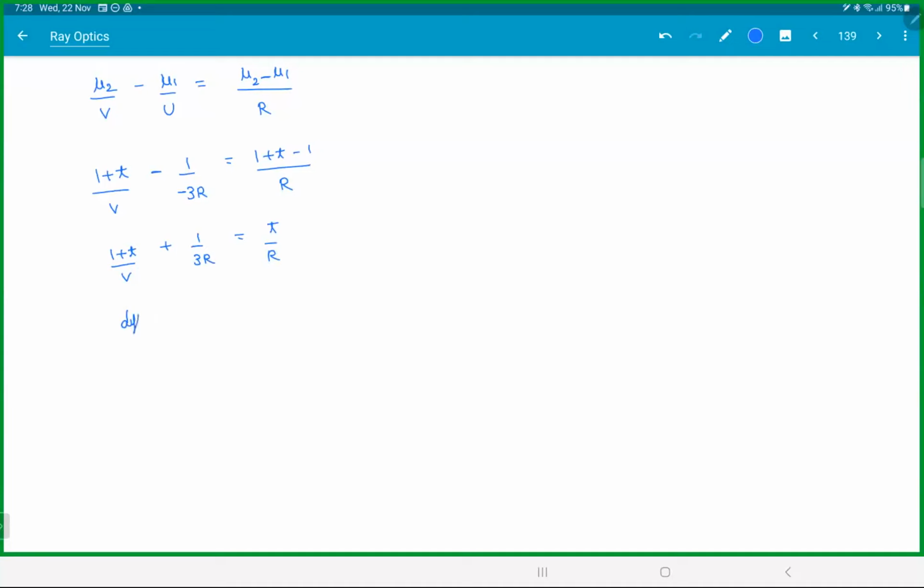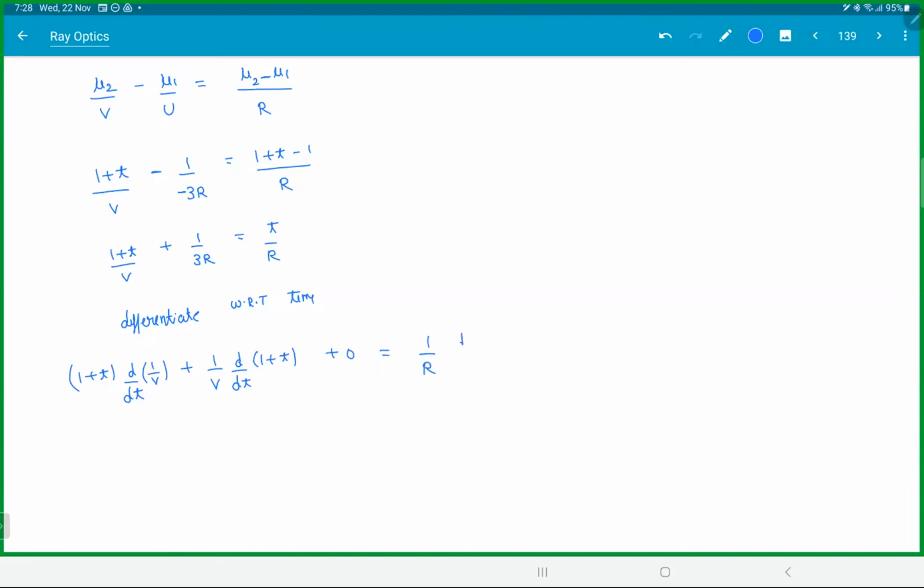Differentiate. This differentiation is a little messed up. So it is like the differential of u by v. (1 plus t) d by dt of 1 by v plus 1 by v d by dt of (1 plus t). 1 by 3R is constant, so that will be 0.